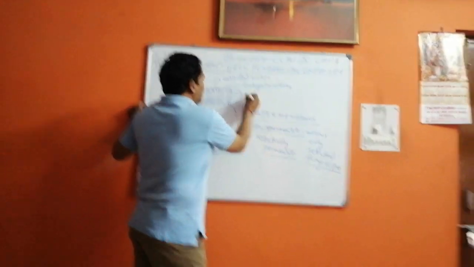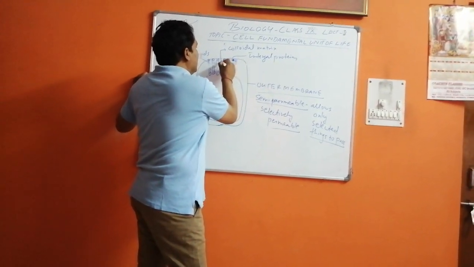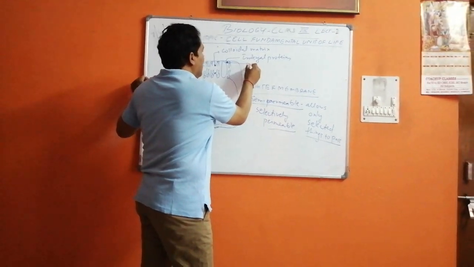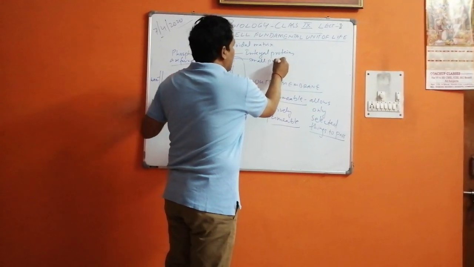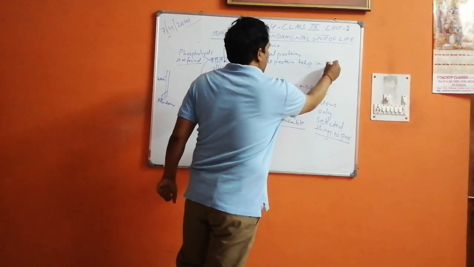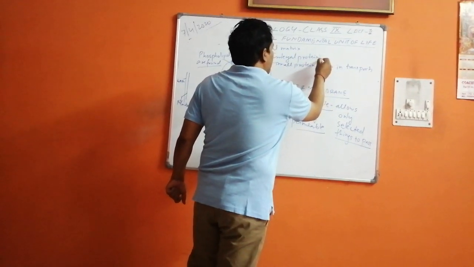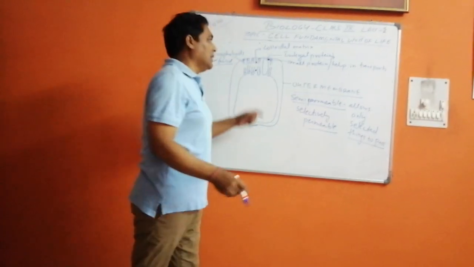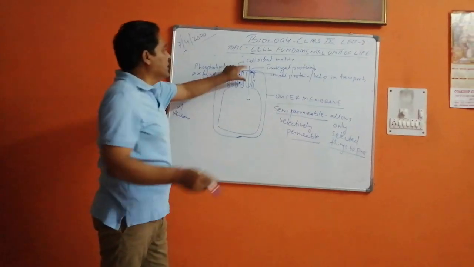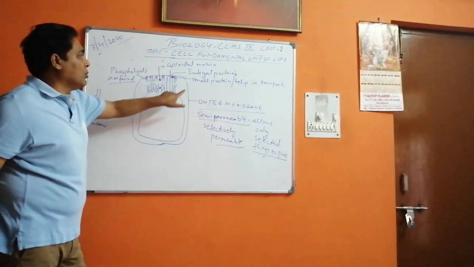Now these integral proteins are there, and then there are certain small proteins which are inside. Both small and large proteins help in the transportation of substances. The substances are transported through the integral proteins as well as by the small proteins.